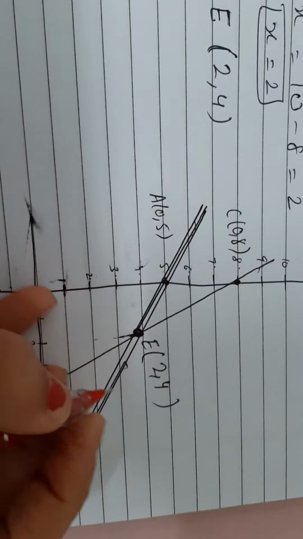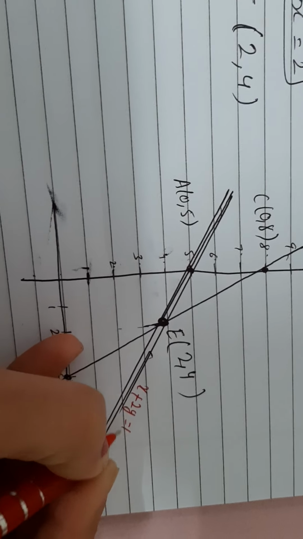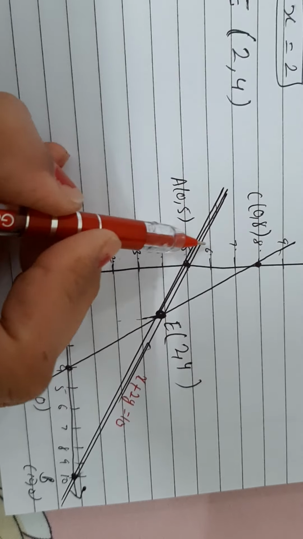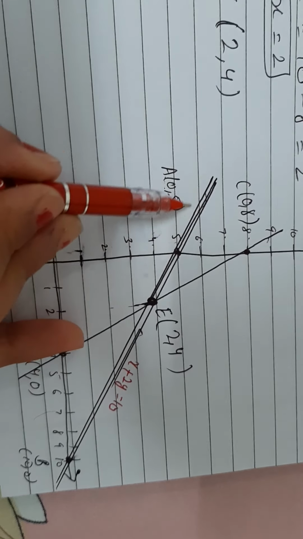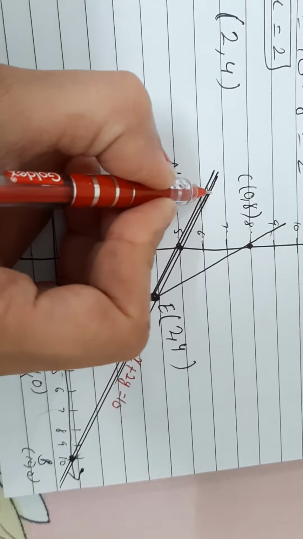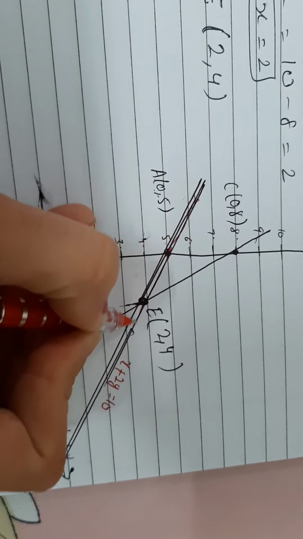Your AB line is x plus 2y equals 10, through (0, 5) and (10, 0). The line going through these dark points is your line.